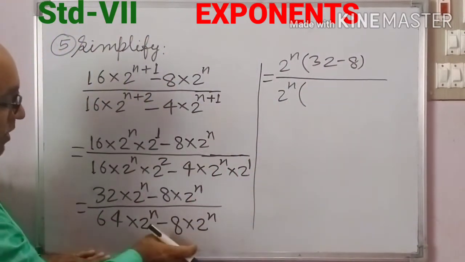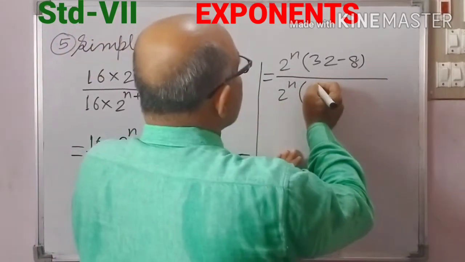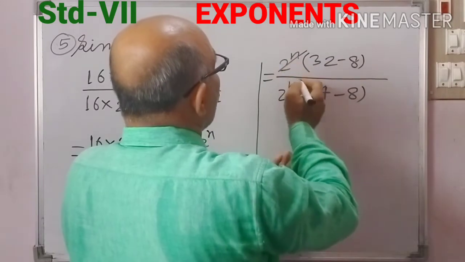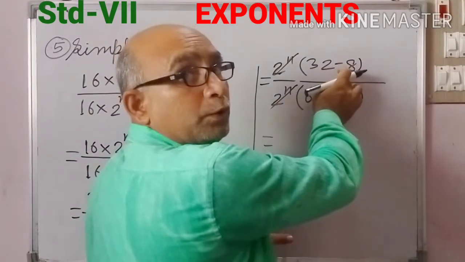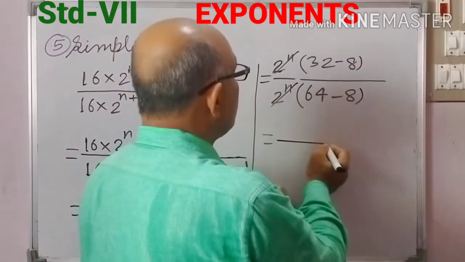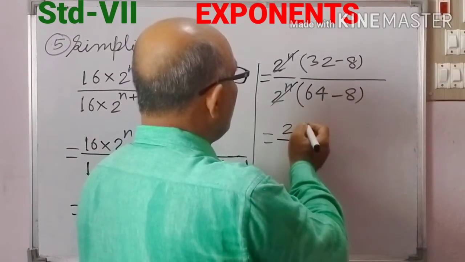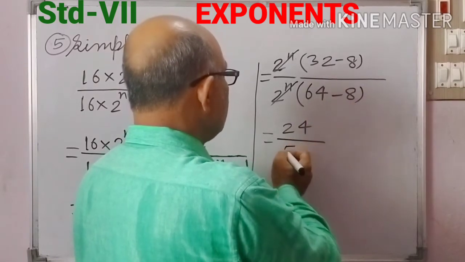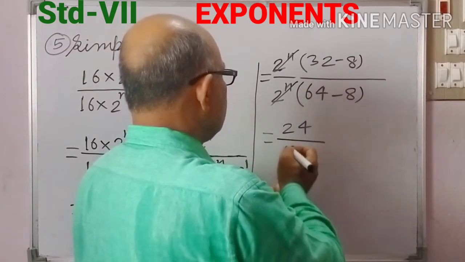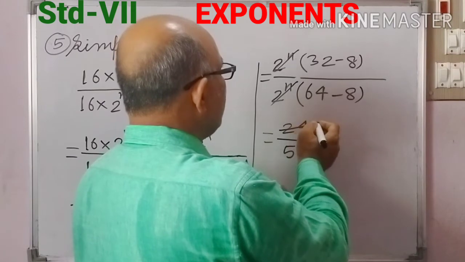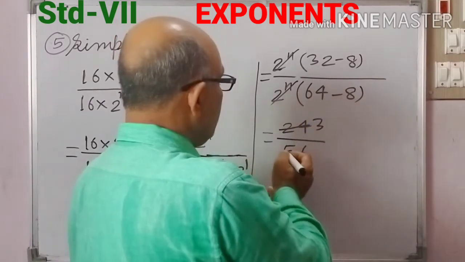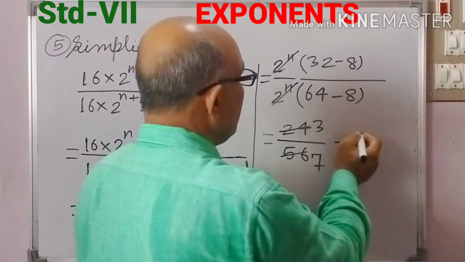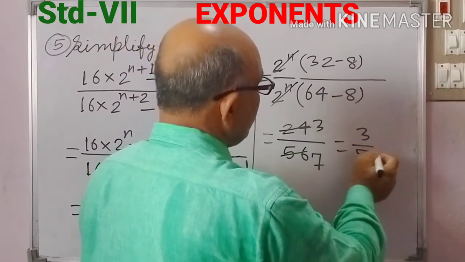Then 64 minus 8. 2^n cancels. Now 32 minus 8 is 24 and 64 minus 8 is 56. 8 threes are 24 and 8 sevens are 56, equal to 3 by 7. Answer.